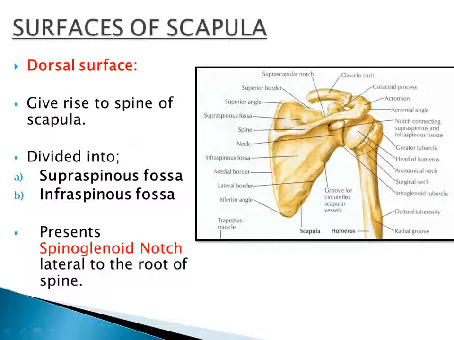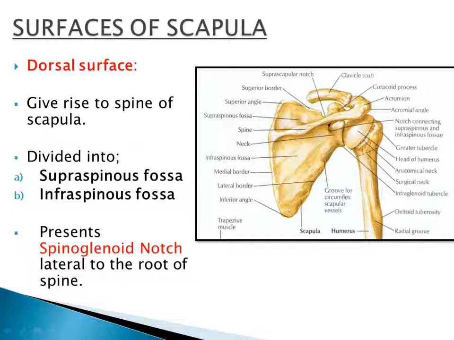This spinous process divides the dorsal surface into a smaller supraspinous fossa and a larger infraspinous fossa. The infraspinous fossa is large and it has longitudinal ridges.